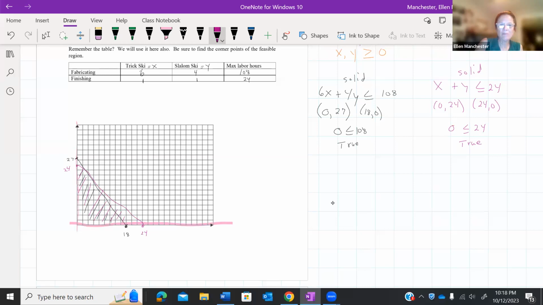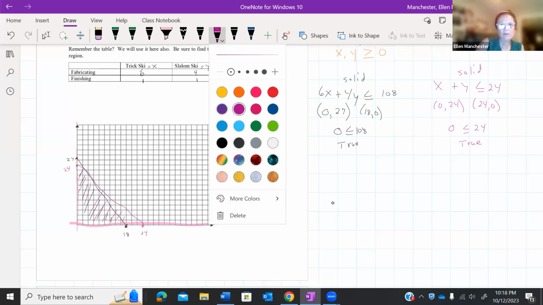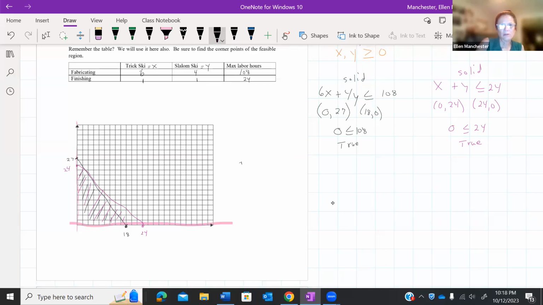So again, we have a bounded region, right? All the sides are covered. We have our corner points. So let me highlight these. We have 1, 2, 3, 4.